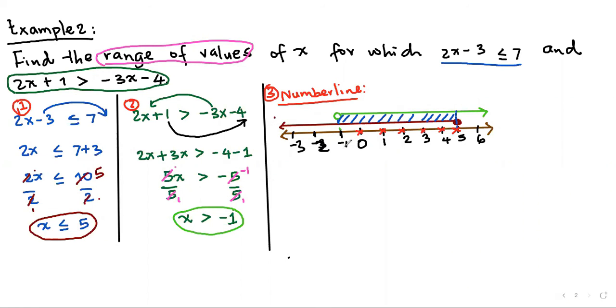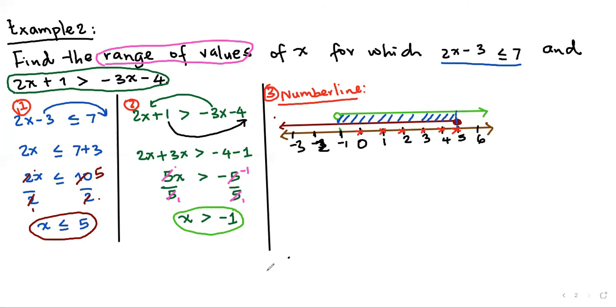But don't forget that also the decimal numbers are also solutions. For example, we have, let's say, 4.5, 3.5, 2.5, 1.5, 0.5, negative 0.5. They are also the solutions.